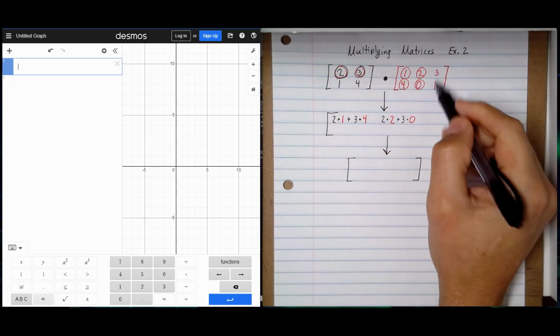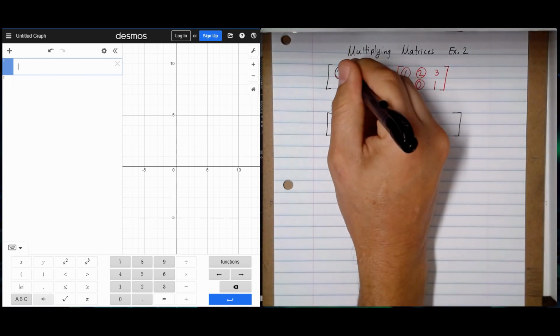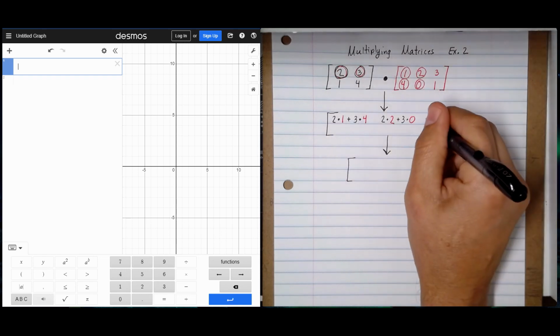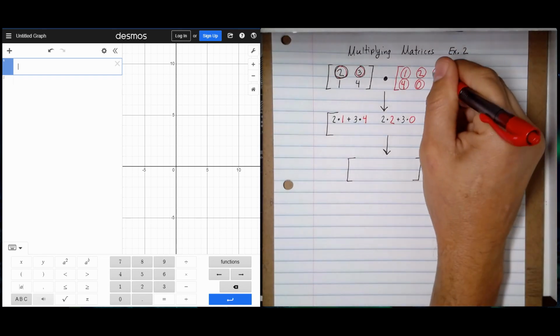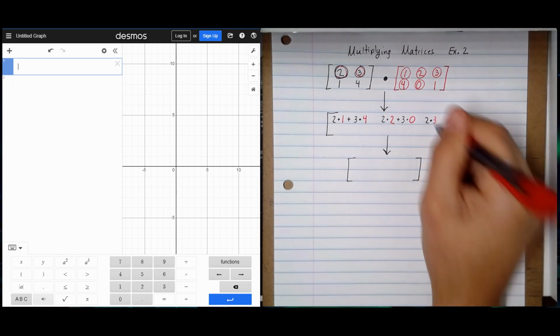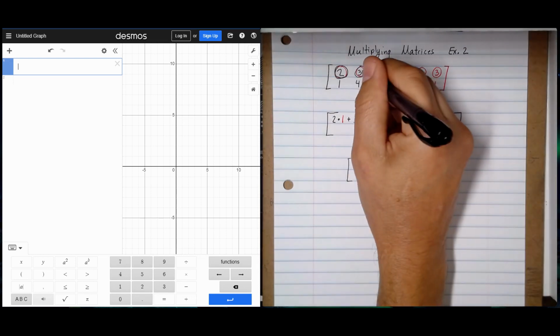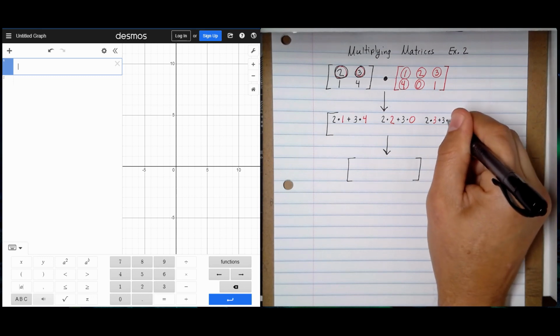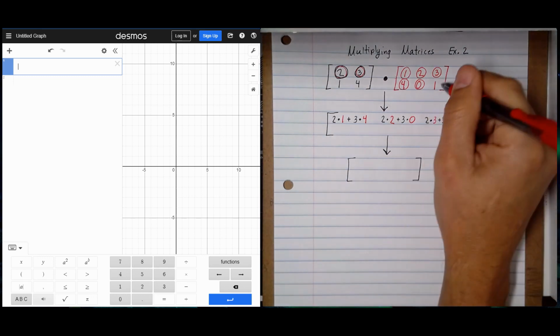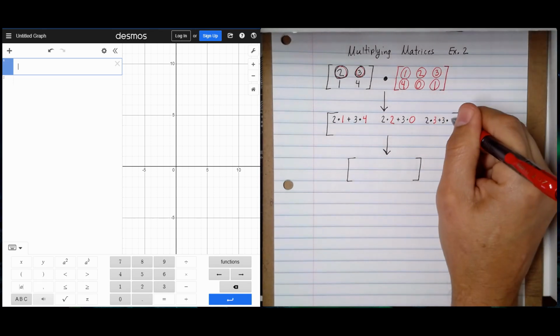And we have one more column to take care of, so I'm going to go back again in 2 times 3, and then 3, so plus 3 times this value of 1.